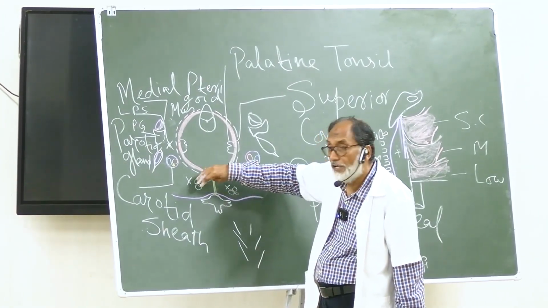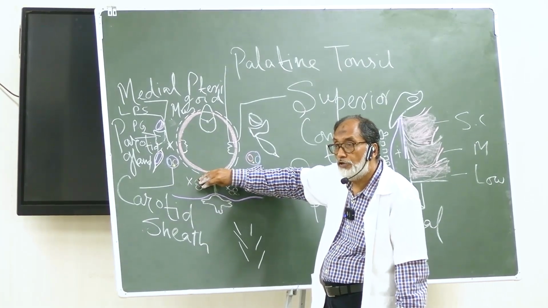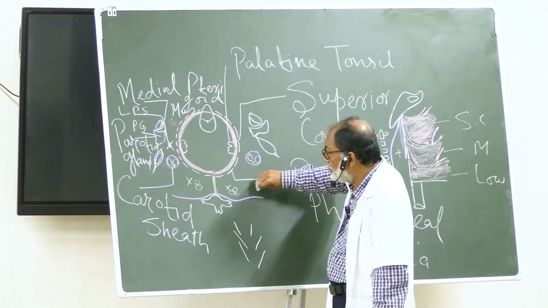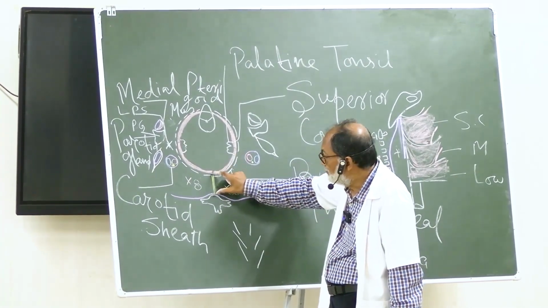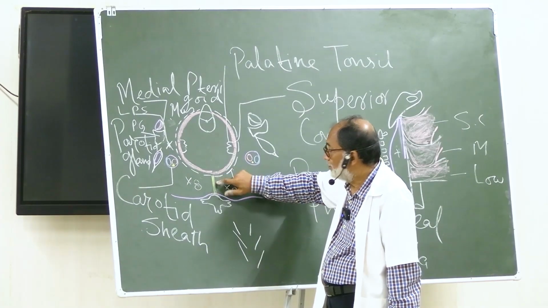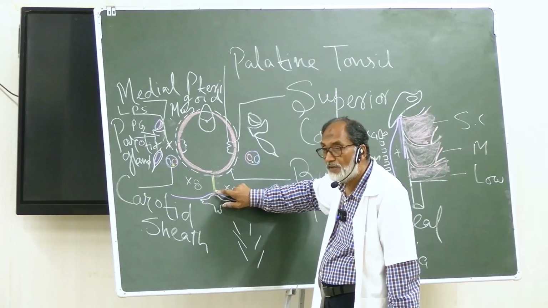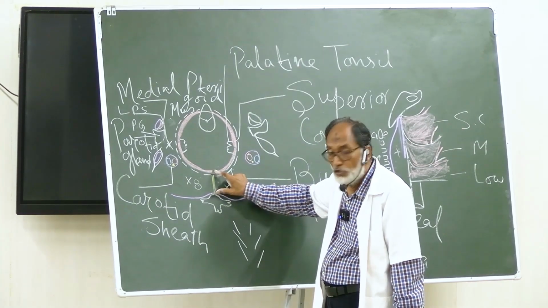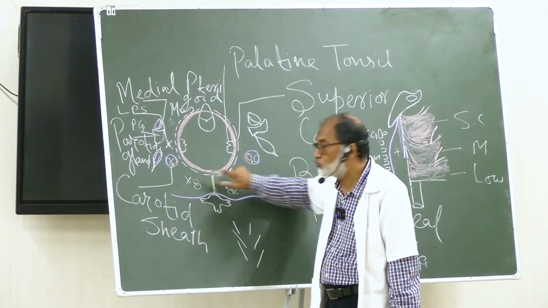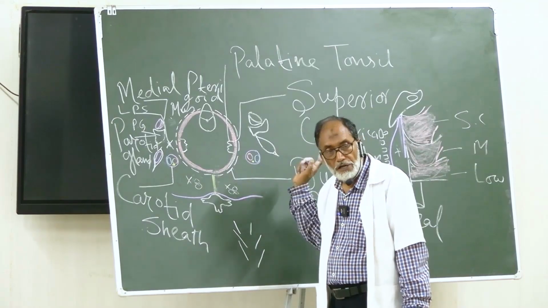So any inflammatory exudate will not be able to come over here because of this fixation. The posterior wall of the pharynx is attached to the prevertebral fascia by fibrous tissue. So it is actually divided into two compartments, right?